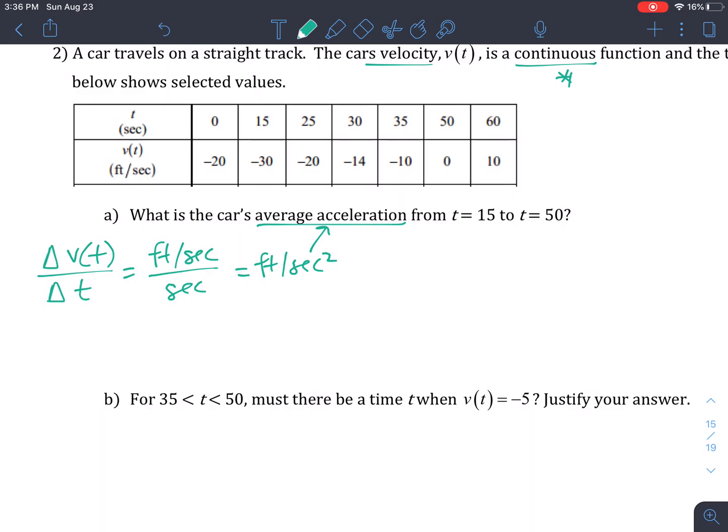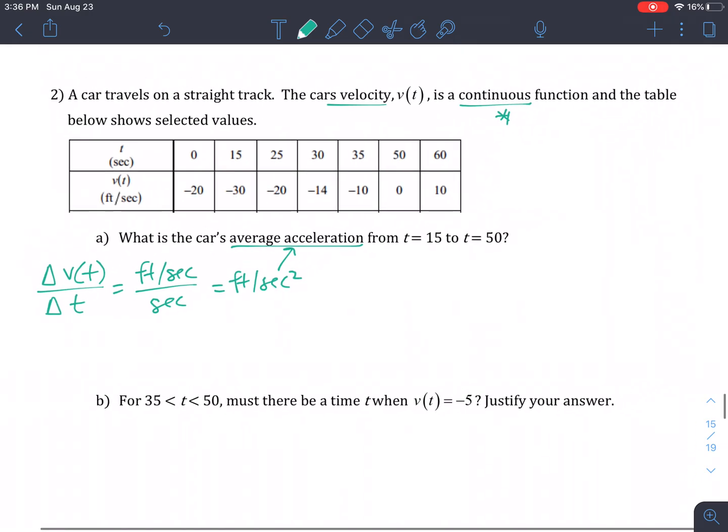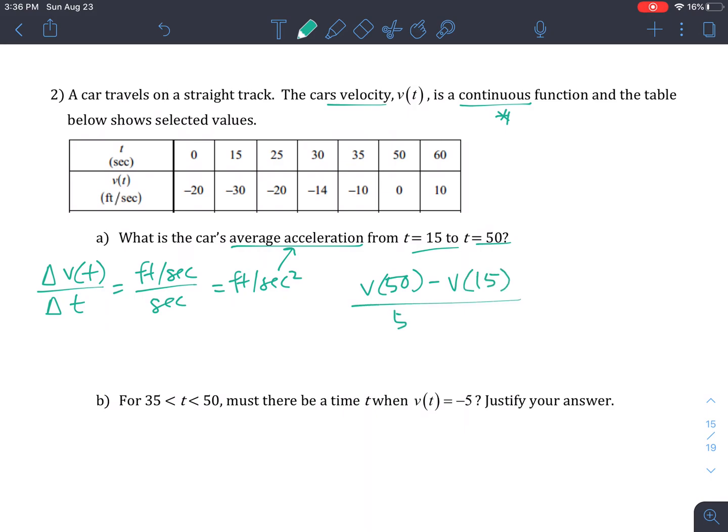So all we're going to do here is basically find that rate of change. Again, I'm going to talk about this more on the next video, but the rate of change for acceleration, we're going to find v of 50. Again, we're doing v of 50 minus v of 15. How did that change? And then the time, 50 minus 15.